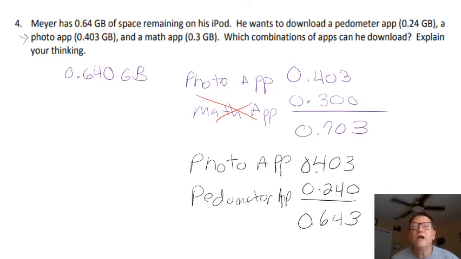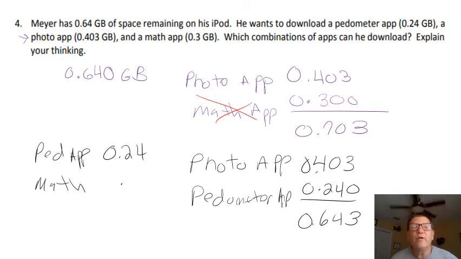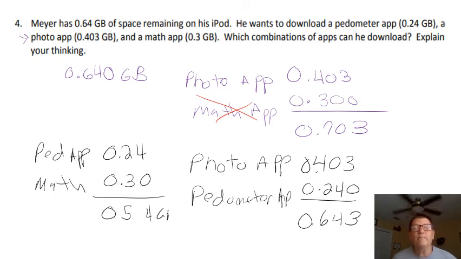Let's see. If I had a pedometer, I'm going to short pedometer app, that'd be 0.24. And then if we had the math app, we would have, where's the math app? There it is, 0.3. So if we add these two up, I made it both into hundredths, so it'd be 0.54 gigabyte.